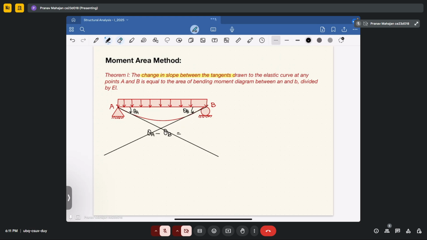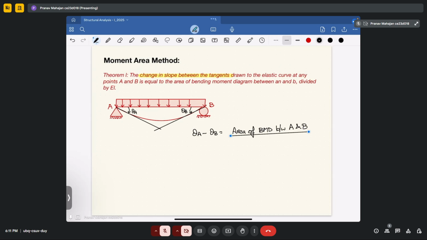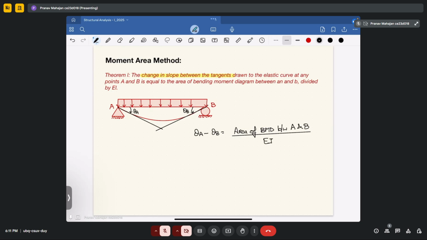Let me write theta A and theta B again. So theta A minus theta B will be equal to the area of the bending moment diagram between A and B divided by the modulus of elasticity of the section, that means EI. This is the first theorem of the moment area method.